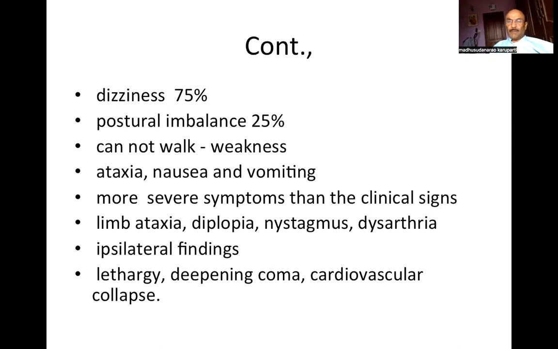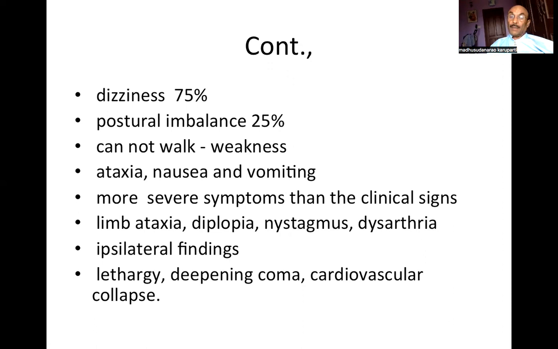More severe symptoms include limb ataxia, diplopia, nystagmus, and dysarthria. And remember, the manifestations are on the side of the lesion. That is, ipsilateral findings are the classical findings of cerebellar stroke, when compared to lesions of the cerebral cortex, where we get contralateral manifestations.